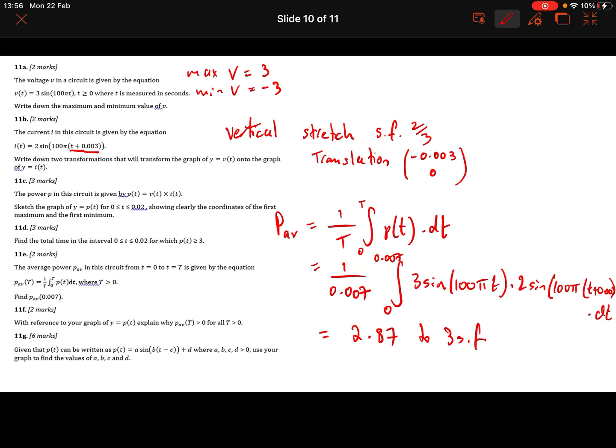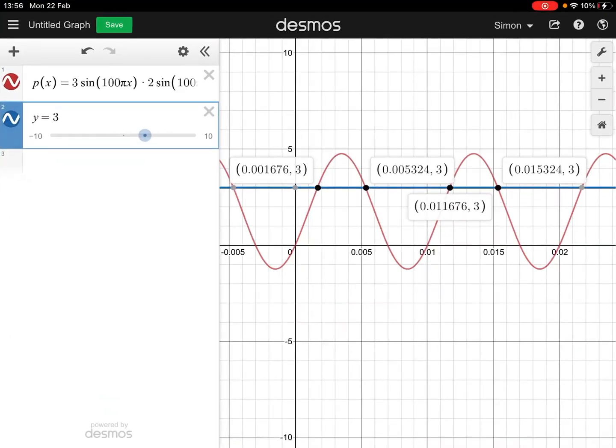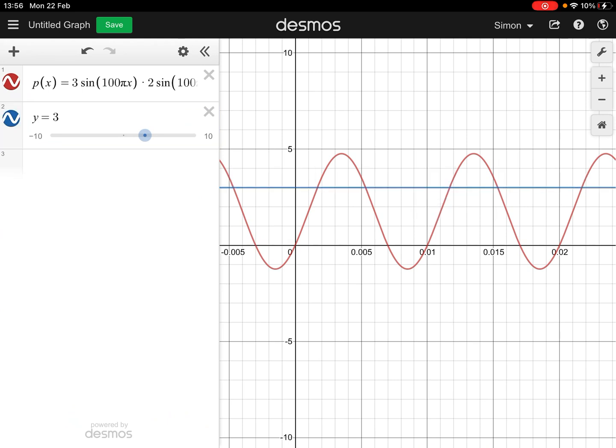The reason why we can see that the average power is always going to be greater than 0 is because it's the integral, you're looking for the area under the graph. Well, you can see that if I go up to the time equal to 0.007, well, the power is the area under that graph between 0 and 0.007. It's quite a large positive number.